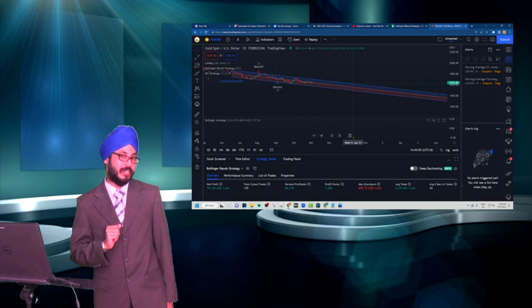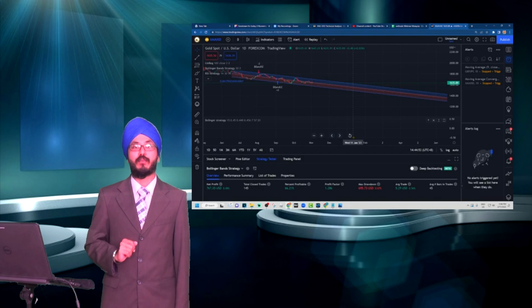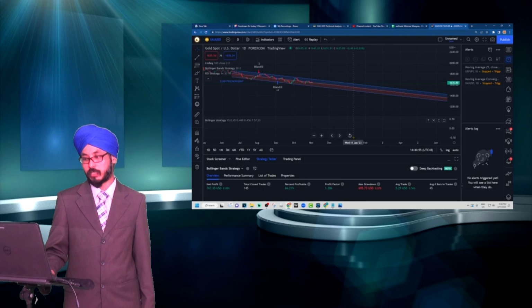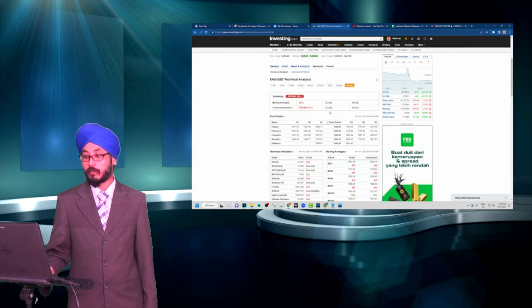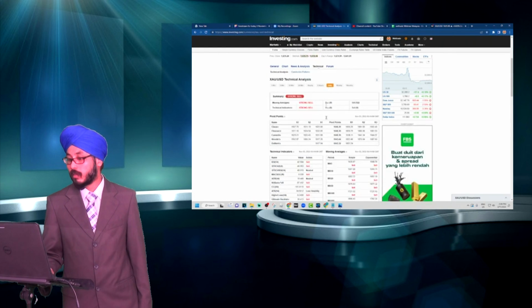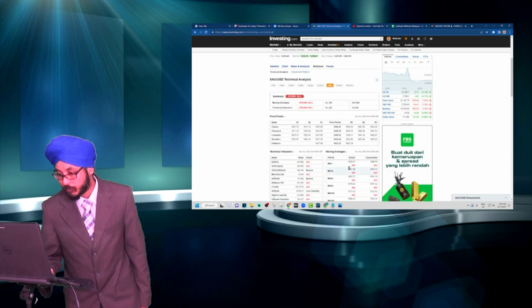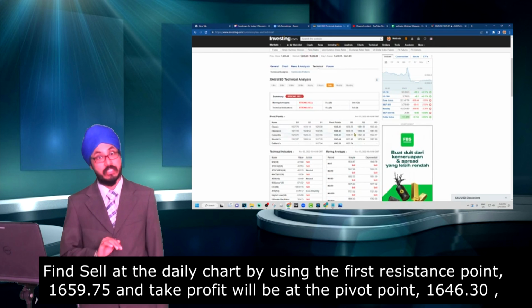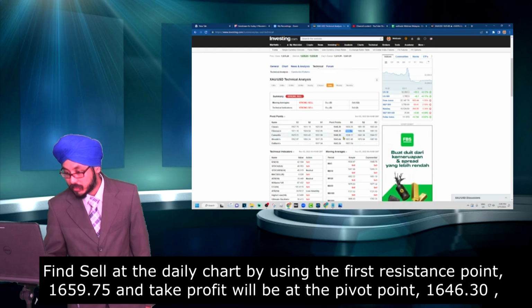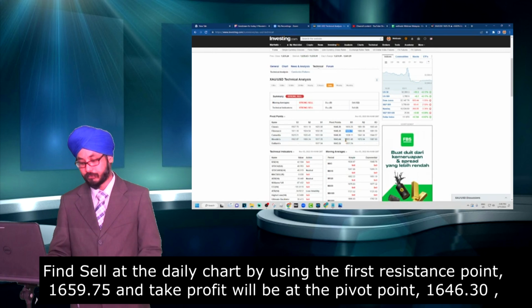What we will do in this case is go to our resistance points based on Fibonacci in investing.com, at the daily. What we can do is place an order at our R1, which is resistance one, at 1659.75.